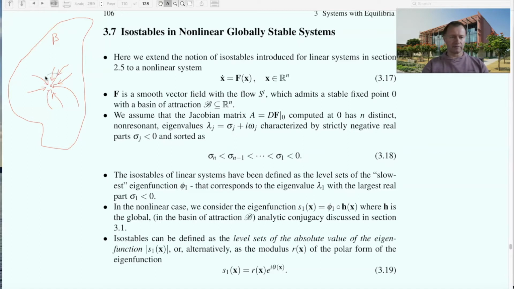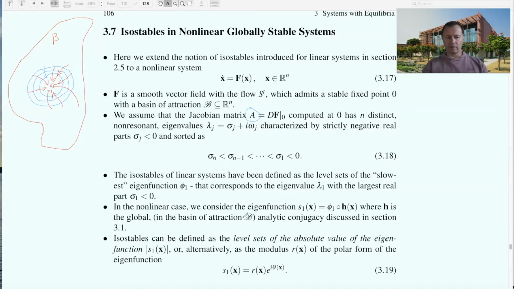And in particular, we're going to be interested in how the level sets of, again, the slowest eigenfunction provide us with contours such that the dynamics flows from one of those contours to another, and as we converge to the fixed point, has in some sense well-defined limiting behavior, the limiting behavior being determined, as we are going to see, by this matrix A. So this is the idea.